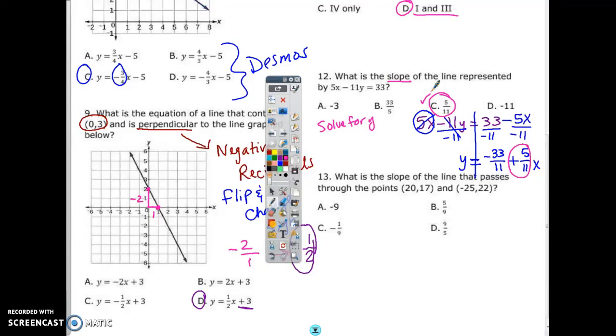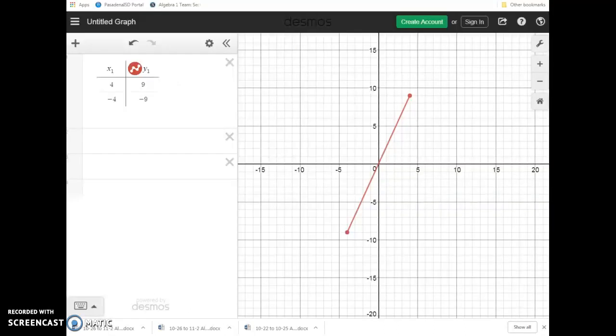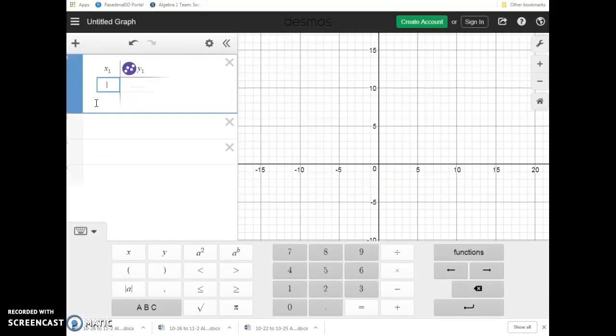And for problem number 13, you can do that one in Desmos. We need to plot our points and do linear regression, y1 approximately mx1 plus b, and that will give us our slope. So let's go add the table. Add a table. Plot those points.